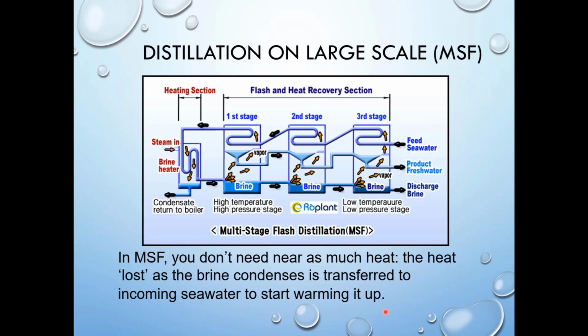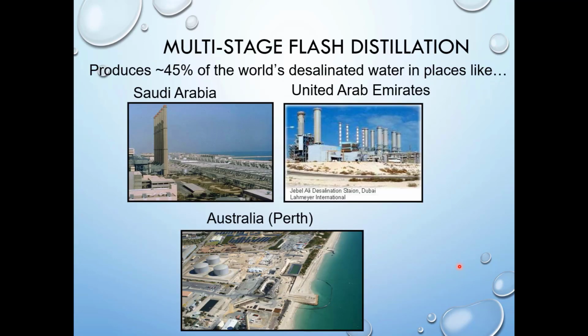So that's one way to make this a little bit greener, but most of you probably don't have multi-stage flash distillation systems at home. So if you're just trying to purify your own water, this isn't really a good way to do it. But this works if distillation is being used to purify water for a very, very large population.